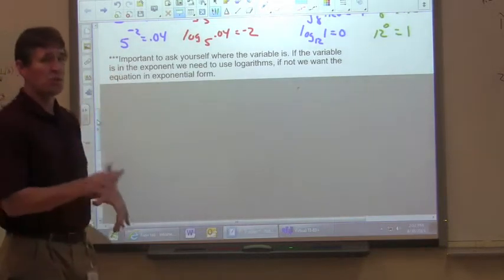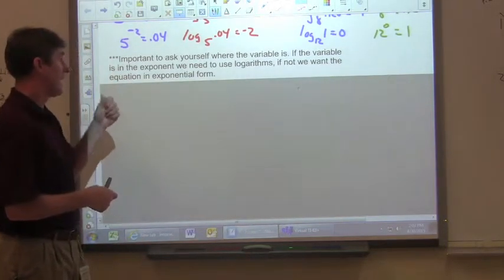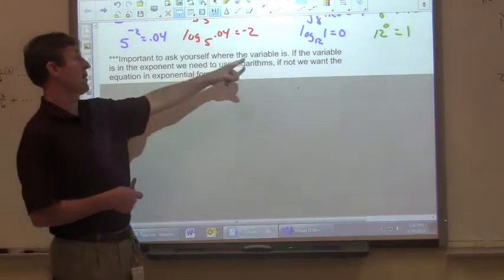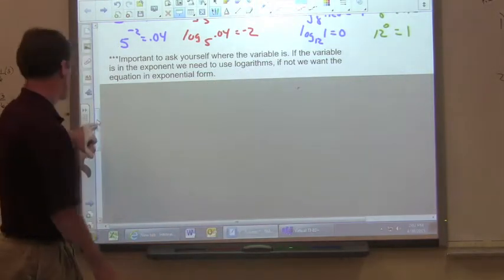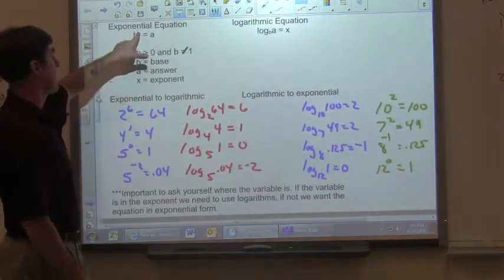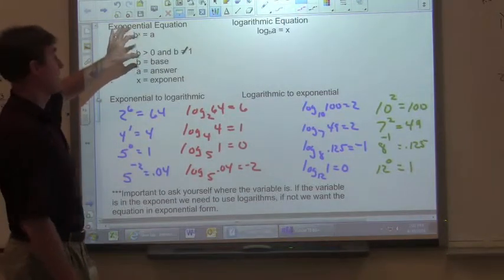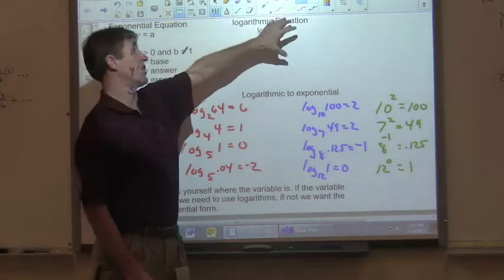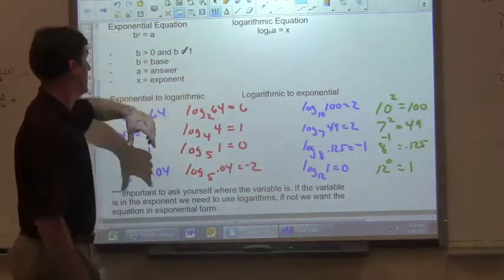Now, it's really important that we understand, and ask yourself every time, where the variable is. Okay? Is the variable in the exponent? Because if it's in the exponent, then I need to convert it to logarithmic form to solve the problem.